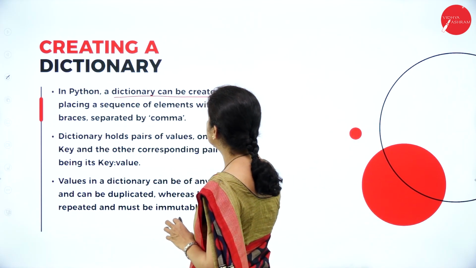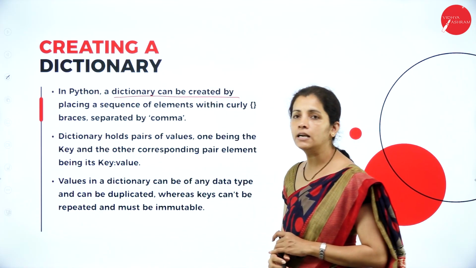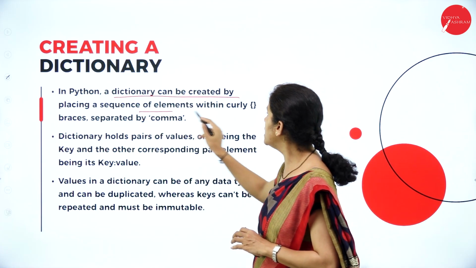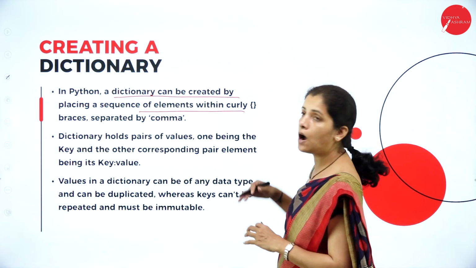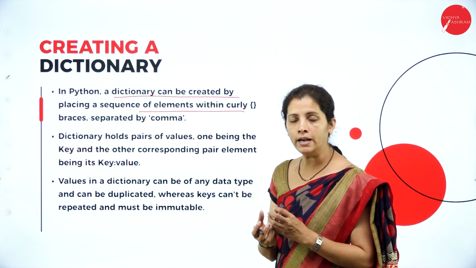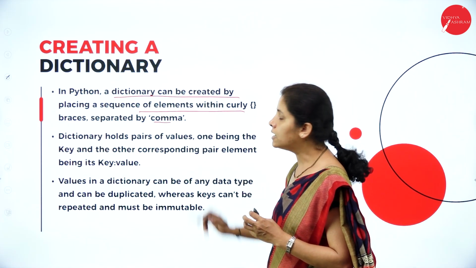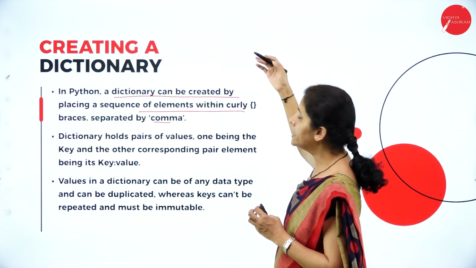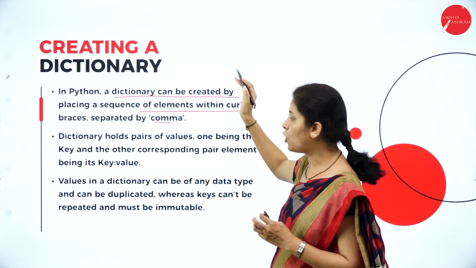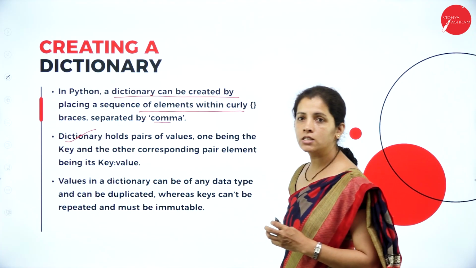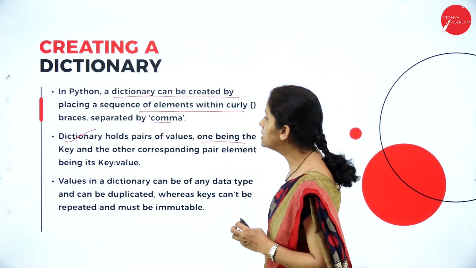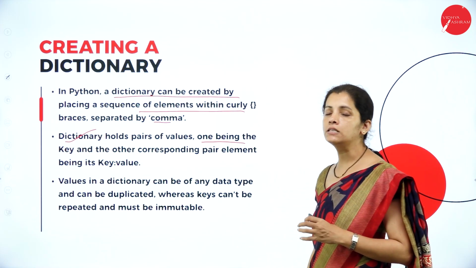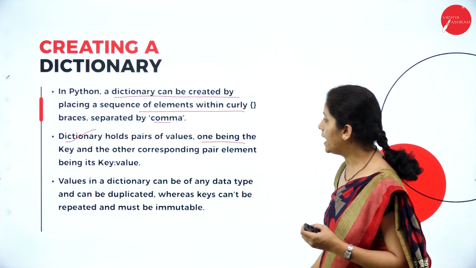A dictionary is created by placing a sequence of elements within curly brackets, and to separate the elements, I'm going to use a comma. A dictionary holds pairs of values, one being the key and another one the corresponding element.